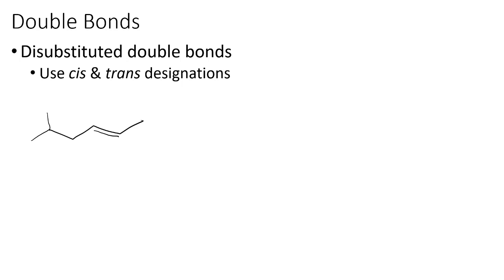We have one double bond within our structure, and it has the hydrogens within our double bond on opposite sides. So this has a trans designation. So we would label this as trans-5-methylhex-2-ene.